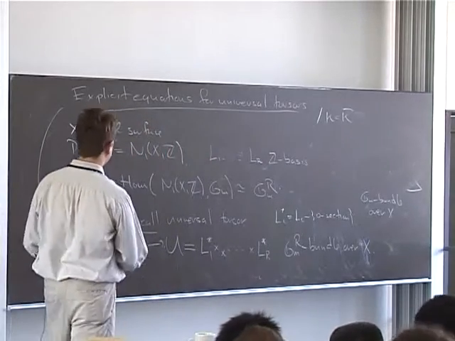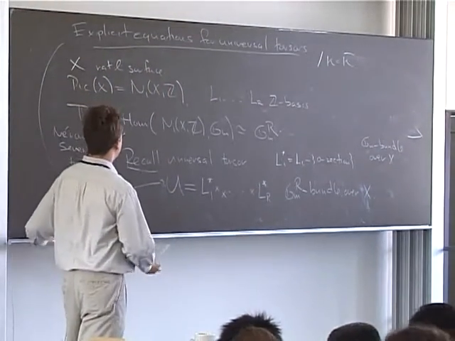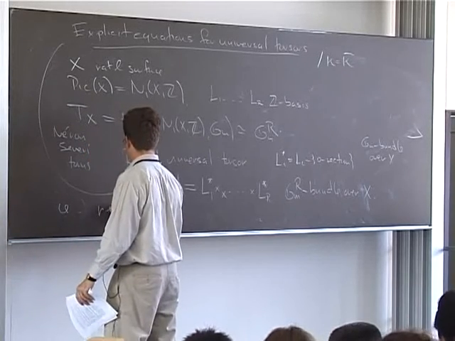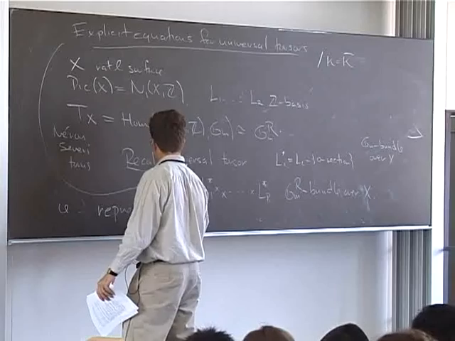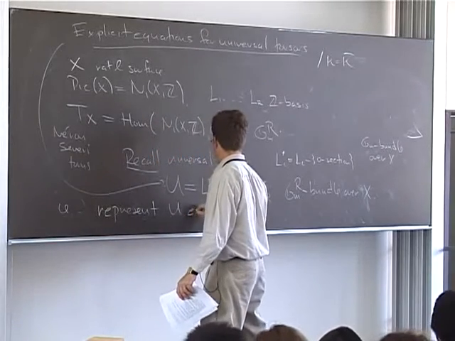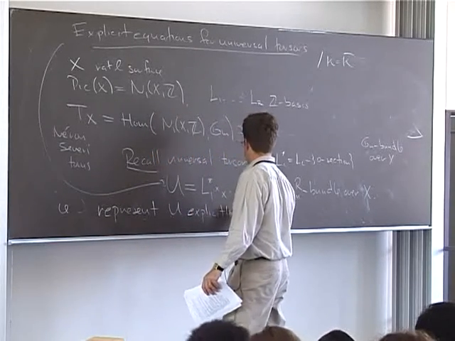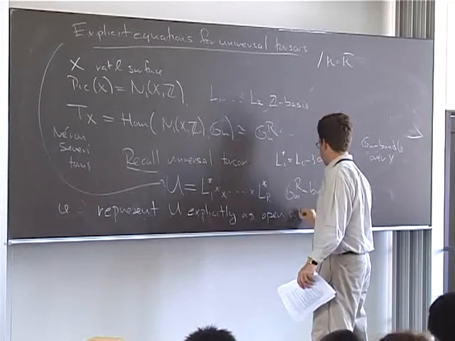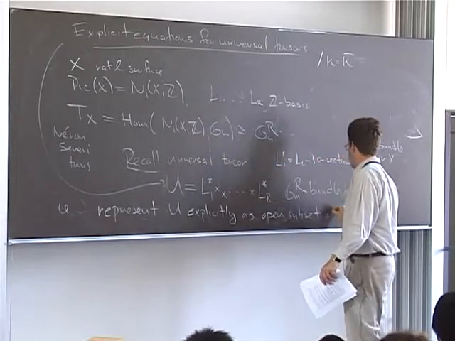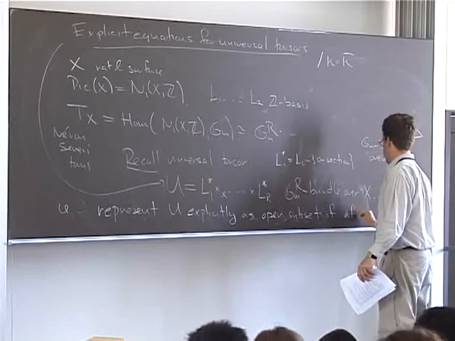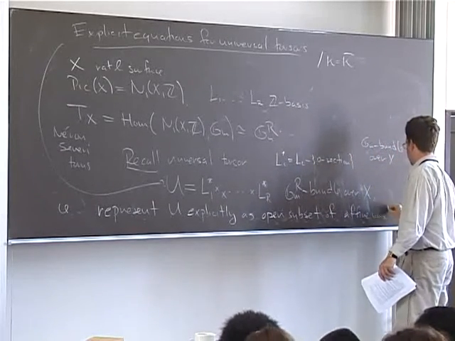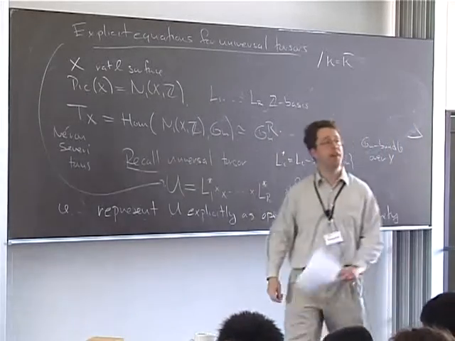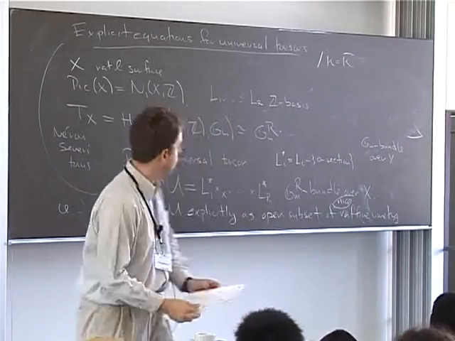And what that means practically is we want to represent U explicitly as an open subset of a nice affine variety. A nice affine variety that's naturally associated.